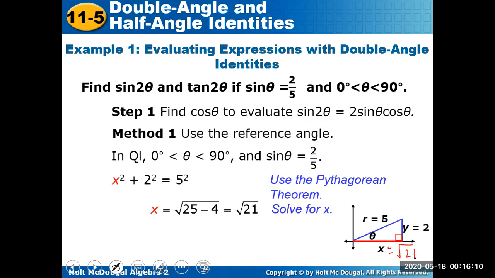So now I can use cosine theta. Cosine theta, as we know, is adjacent over hypotenuse, which is square root 21 over 5. So that's your cosine theta value.